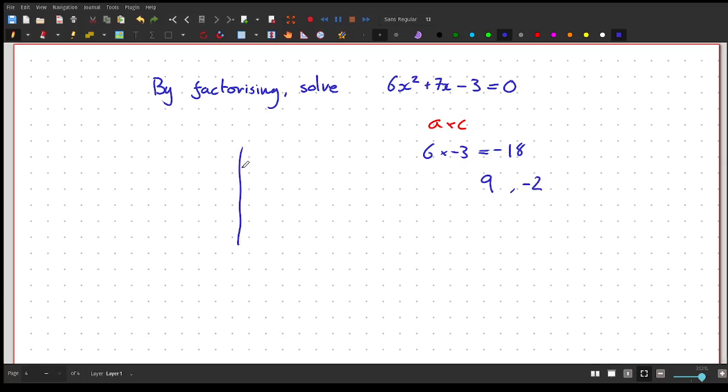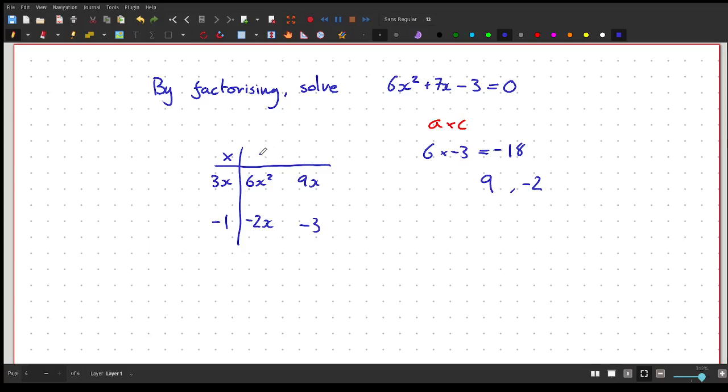So I'll draw out my grid. I'm going to stick 6x squared in the top left and negative 3 in the top right. I've got 9x and minus 2x going from this pair here. So start factoring. I can see a factor of 3x here. Here the factor I can see is just negative 1.